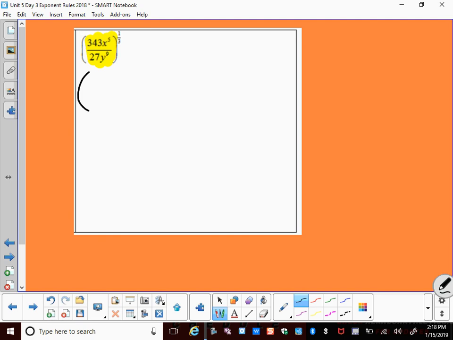Math, enter. It just stays that way? Okay. So now that I know that doesn't simplify, it's okay if you want to go ahead and distribute your exponent. So that means everything gets a 1/3. My 343 gets 1/3, x gets 1/3, 27 gets 1/3, and y gets 1/3.